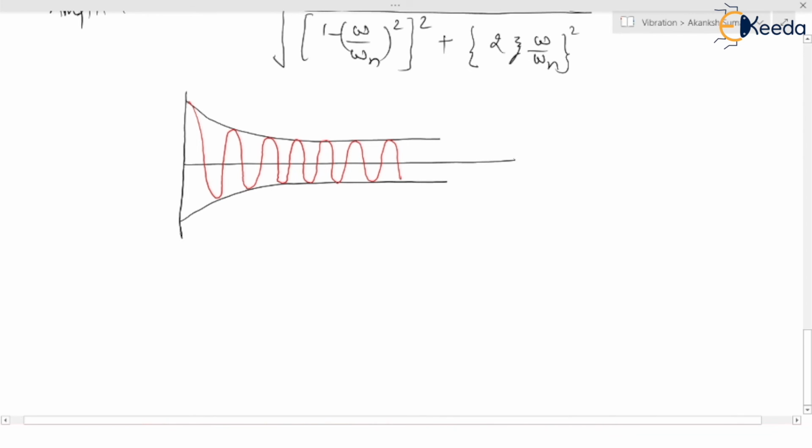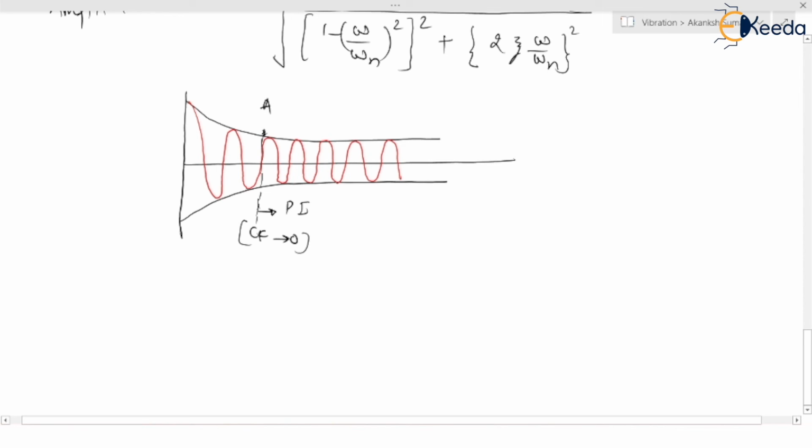If I'm talking about the complementary function, from this condition the complementary function becomes zero. From here, only the particular integral takes place. There is no complementary function at this position. Only the particular integral will be there.